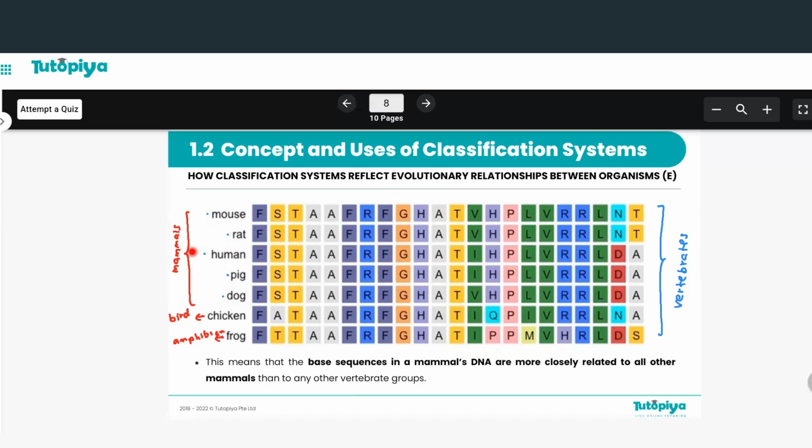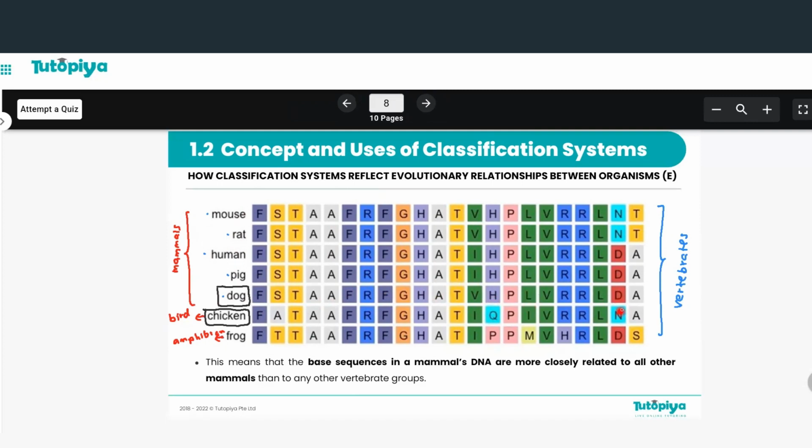And if you go on to, let's do a small comparison. Let's compare the DNA sequence of a mammal, let's take the dog, and a bird, which is the chicken. So if you consider these 2 base sequences, you can see that, yes, there are a few points where the base sequences are similar to each other, but there are more variations among these base sequences.